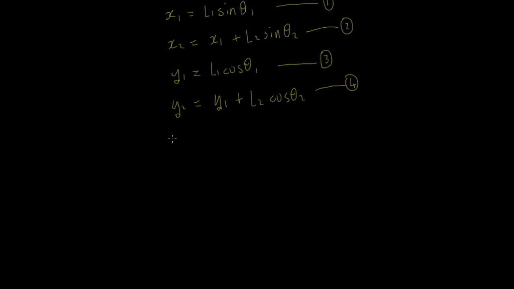Okay, so let's look at the x component of the velocity of m1. So I'll write that down. So it's the x component of the velocity, I'll just say v, of mass m1.